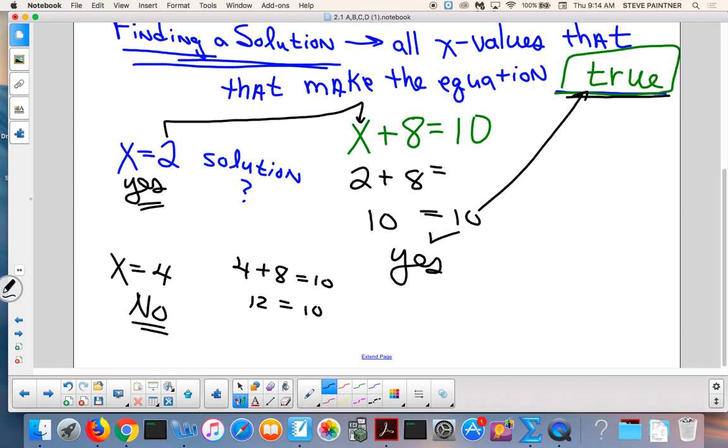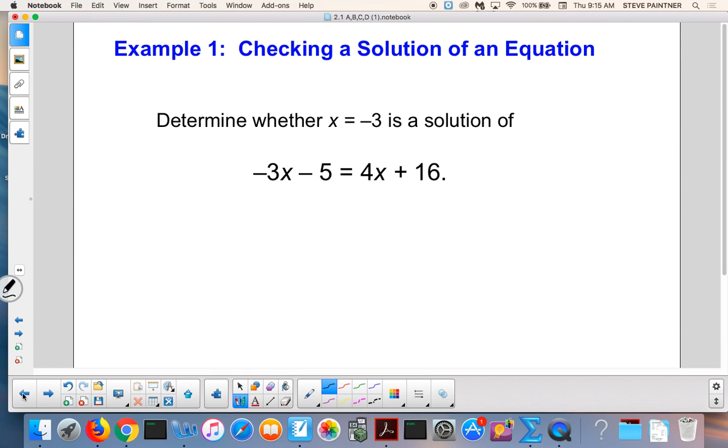Go to the first slide, okay? I believe this is the first slide. Checking a solution of an equation: determine whether x equals -3 is a solution to this equation right here. Well, if it is, you're going to get a true statement in the end, right? Drop it in.